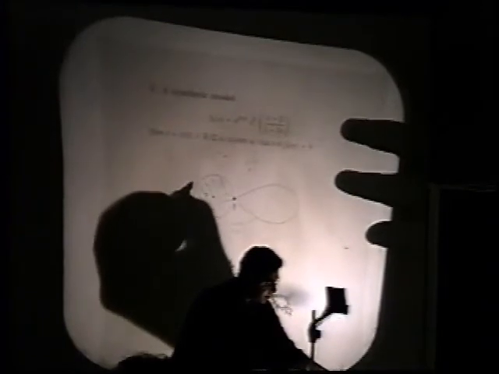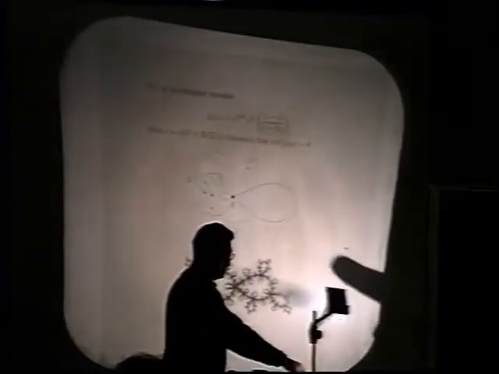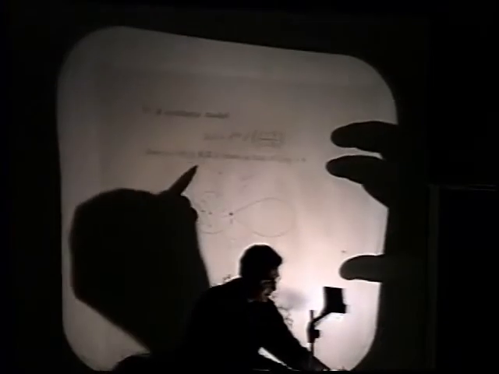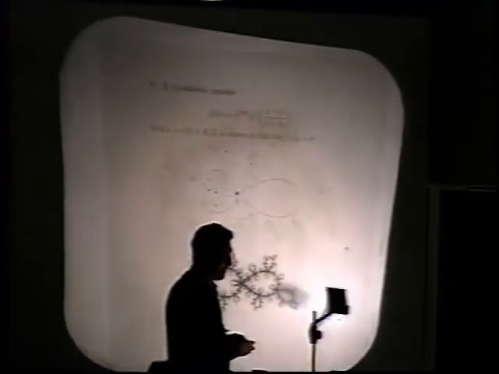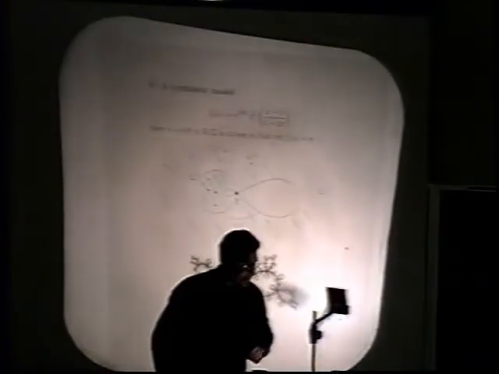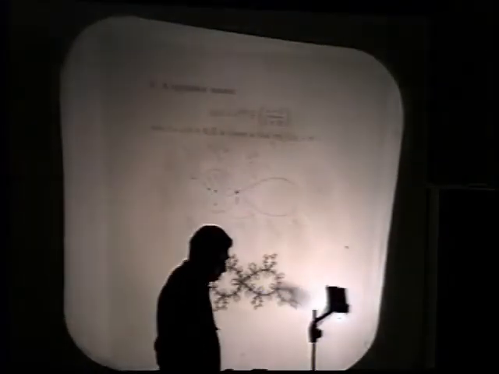And then this piece maps two to one onto the unit disk, and therefore this piece maps two to one onto the exterior of the unit disk. So these two are branched over 0 and infinity, respectively.